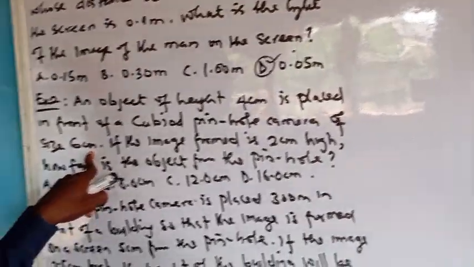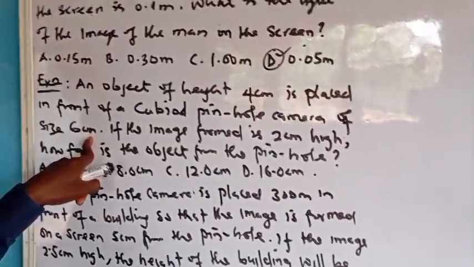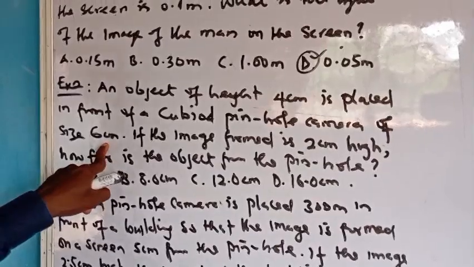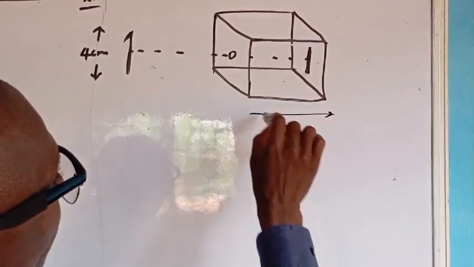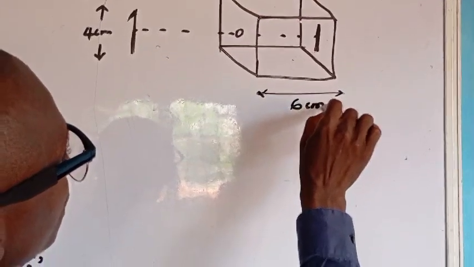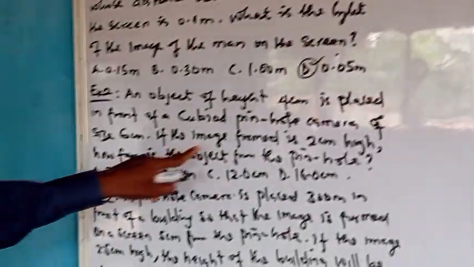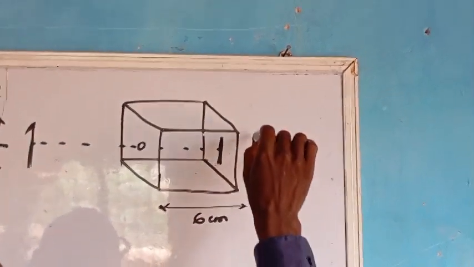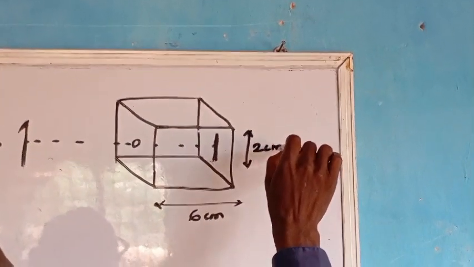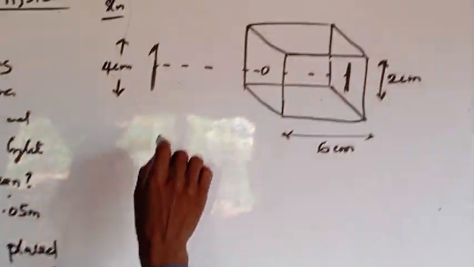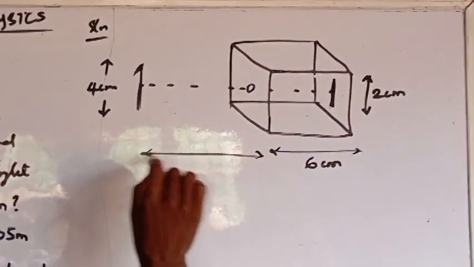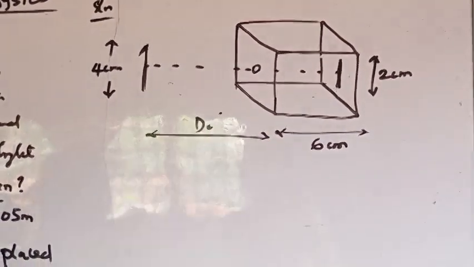From here to here is 6 centimeter. If the image formed is 2 centimeter, from here to here, the question is, how far is the object from the pinhole? What they ask us to calculate is from here to here: what is the object distance?